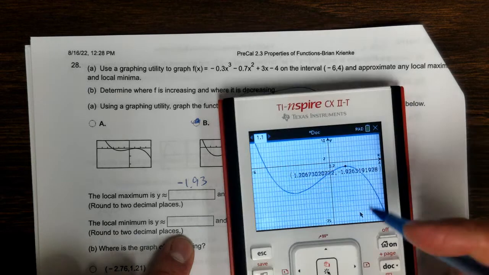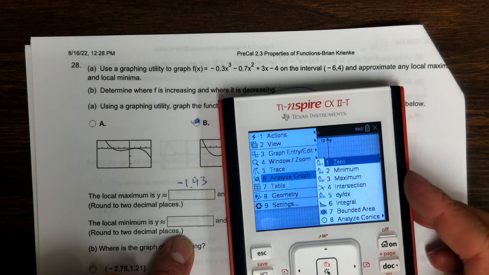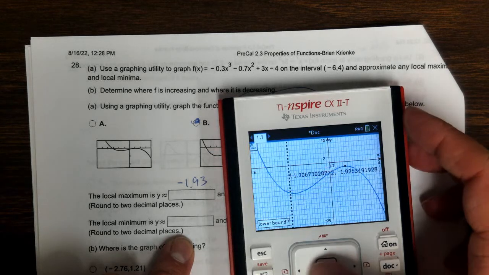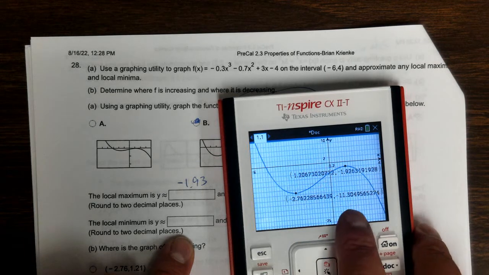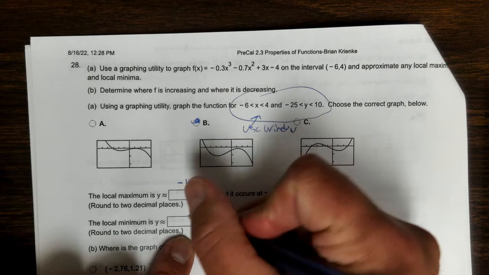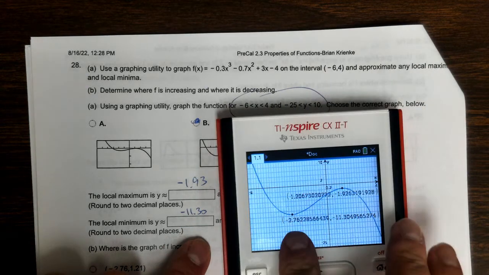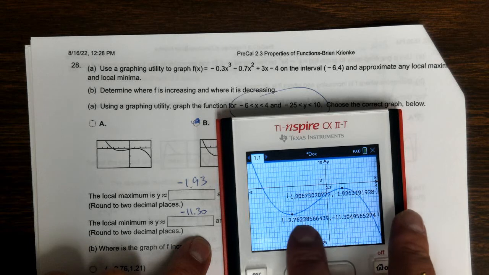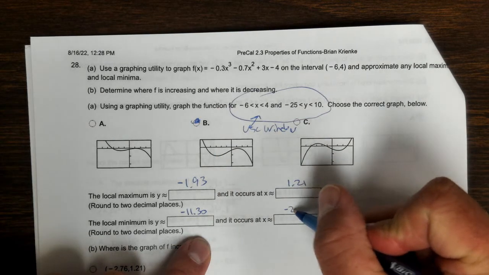For the minimum, that's down here. So from here to here, -11.30. And -2.762, so we round down, so -2.76.